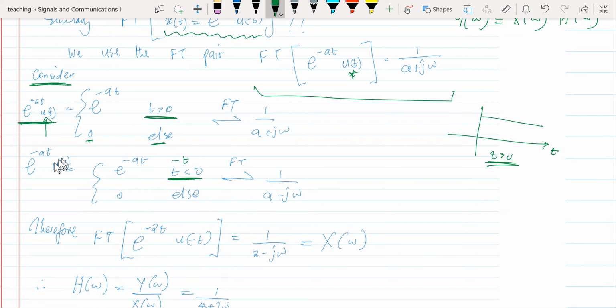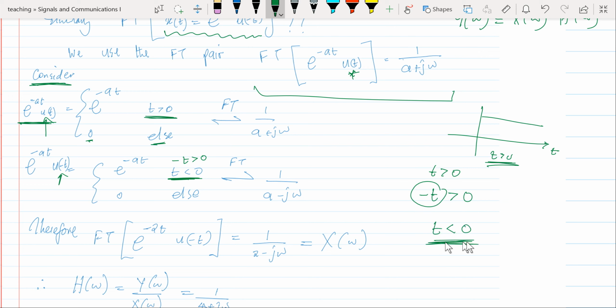We are simply replacing t with negative t. So normally it is t bigger than 0, but when it becomes negative, minus t is bigger than 0, and if you multiply both sides by negative 1, the sign changes and 0 remains as such.